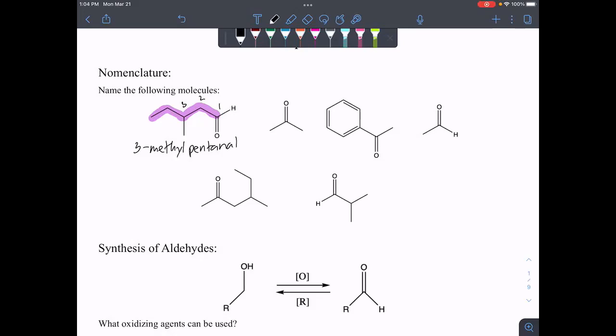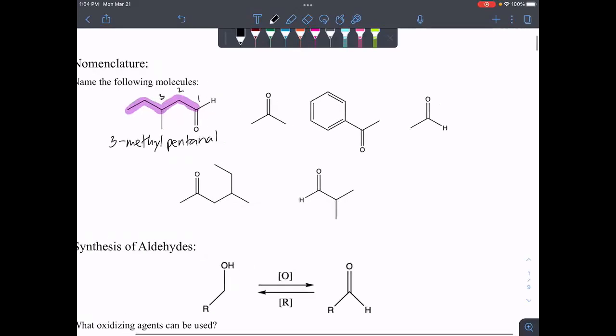The second one, yeah, it is acetone, but what's the technical name? It's propanone. Then you don't have to specify the number because there's only one place a ketone could go.